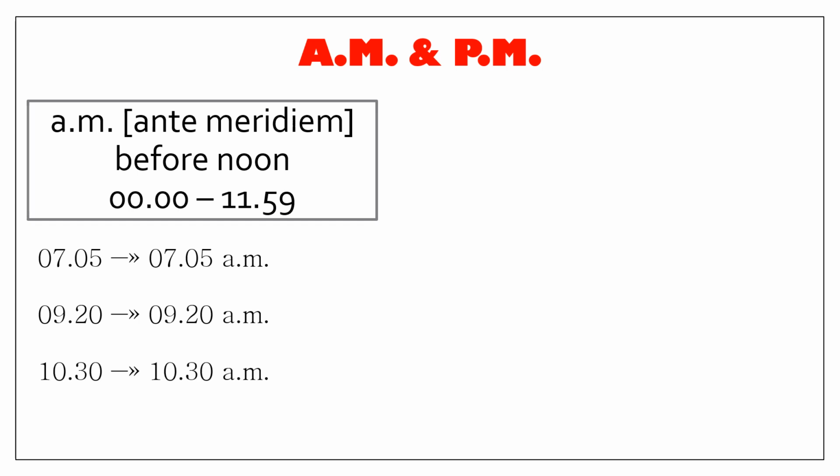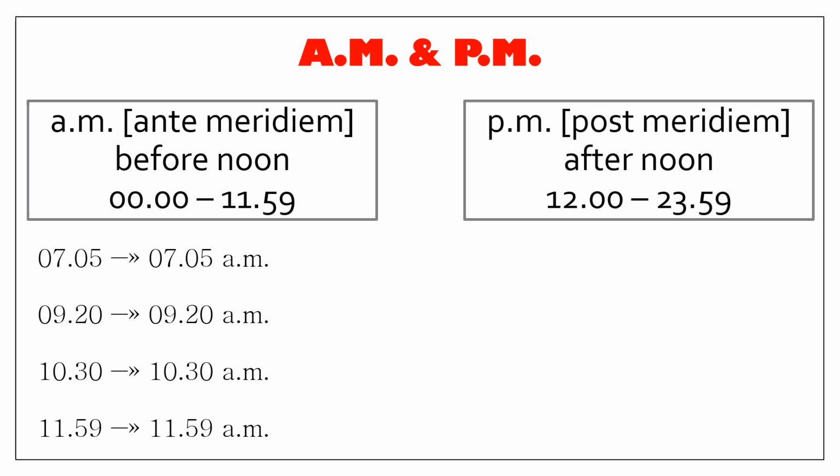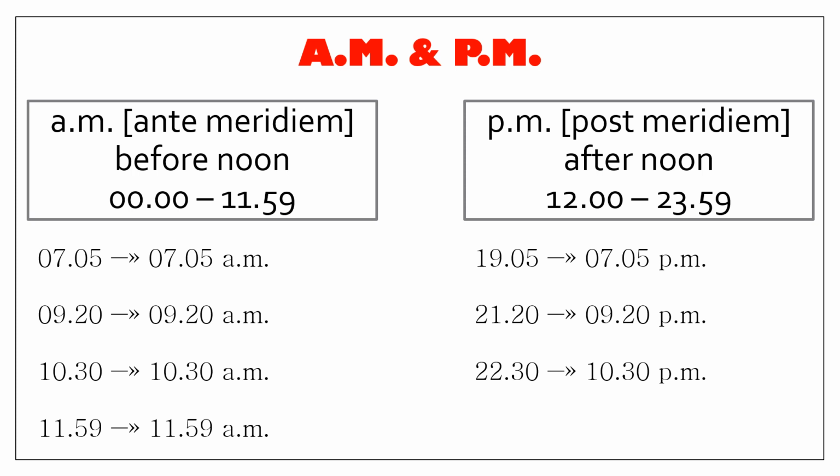And the next is PM, post meridiem, after noon, from 12 to 23:59. See the examples. All right. AM and PM are used to differentiate the time in day and night in the 12-hour clock.